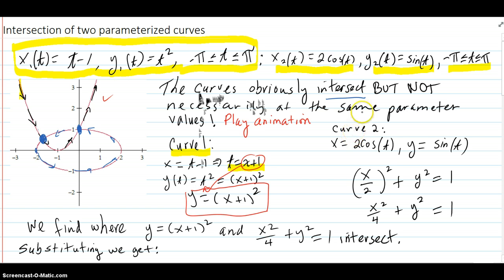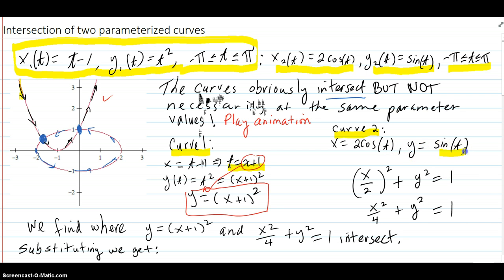Then curve number 2, do the same thing, except we can't really solve it the same way we did the parabola, but it's one of those ellipses, so we know that cosine squared plus sine squared is equal to 1.